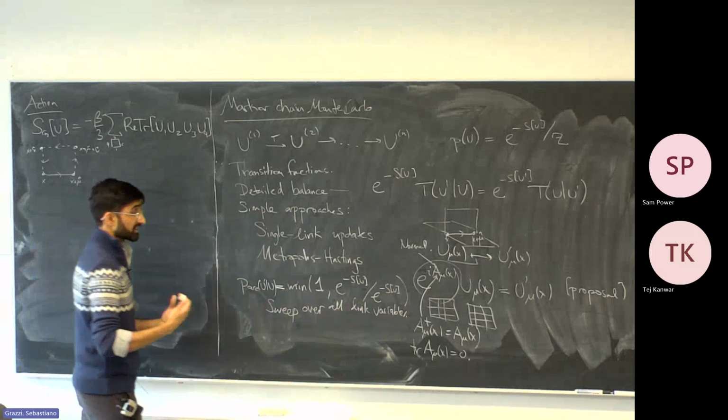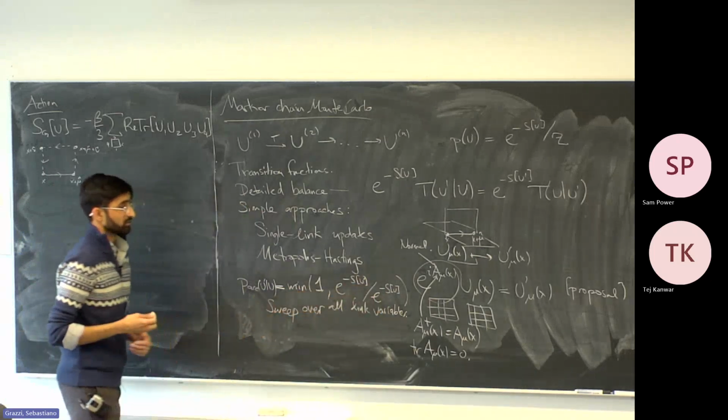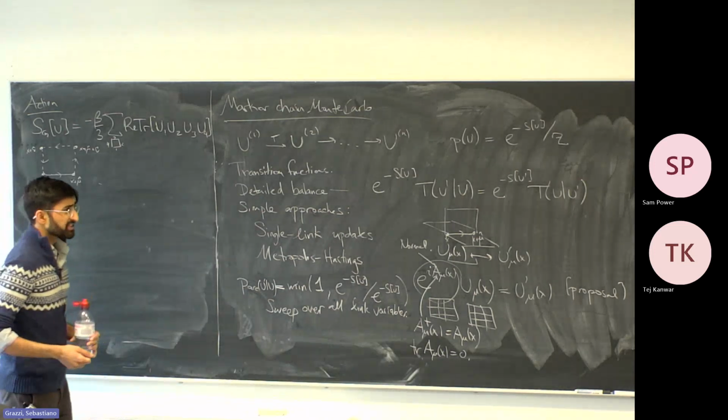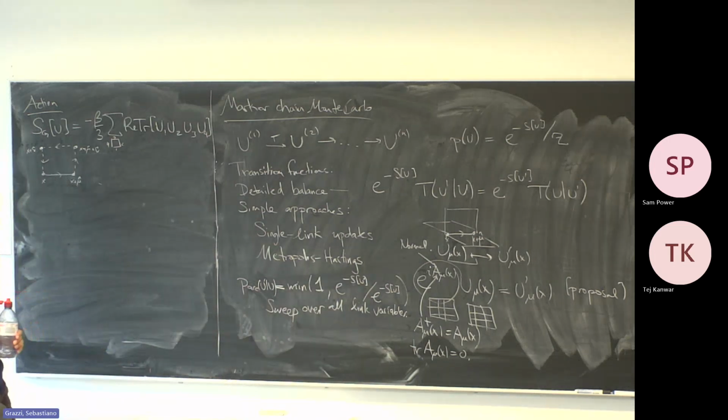But also that has to be traded off against the fact that if you take a very big step, the ratio of these two weights might be small, and so you might very frequently reject the proposed update. So there's some kind of trade-off here between the acceptance rate and the step size. It's fairly easy to tune this, and so you can just come up with some reasonable-looking proposal that accepts of order 50 to 70% of the time, and life should be good.